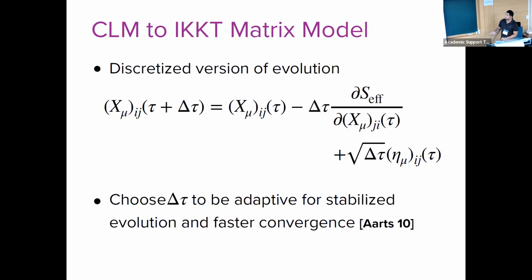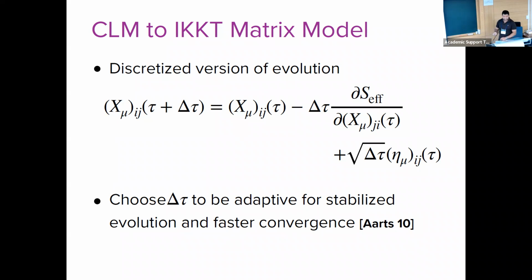Okay. So now the discretized version of the evolution is this. So we have Langevin time step delta tau, evolve. Then we choose this delta tau to be adaptive, in the sense it's not fixed. So sometimes it can be large, sometimes it can be small, depending on where you are in the field configuration space.